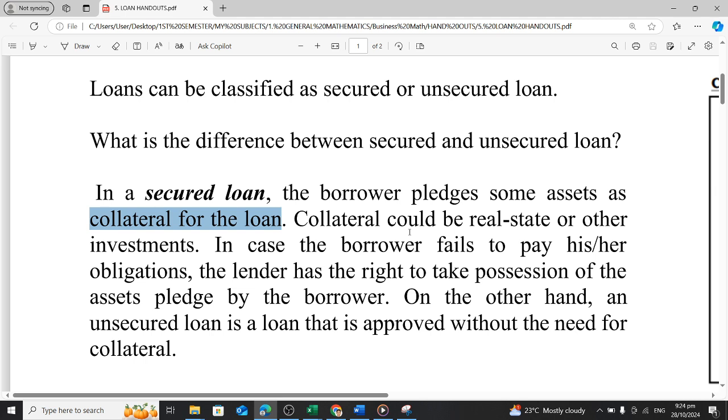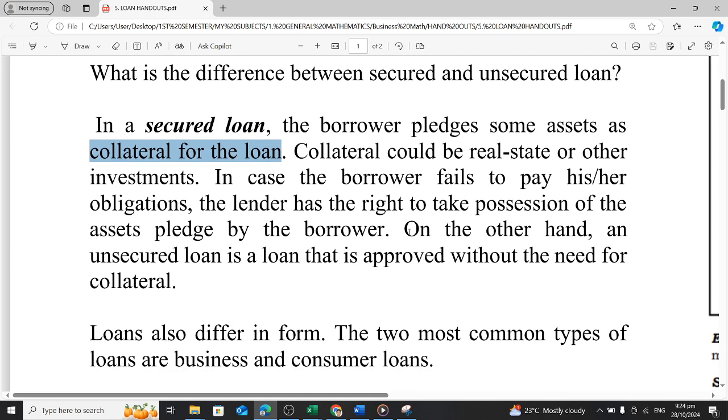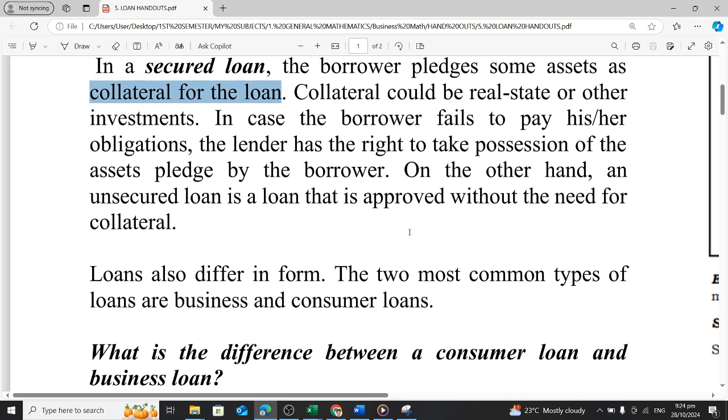On the other hand, an unsecured loan is a loan that is approved without the need for collateral. So again, what is the difference between a secured and an unsecured loan? If it's a secured loan, meaning there is collateral. If unsecured, the loan is approved without the need for collateral.